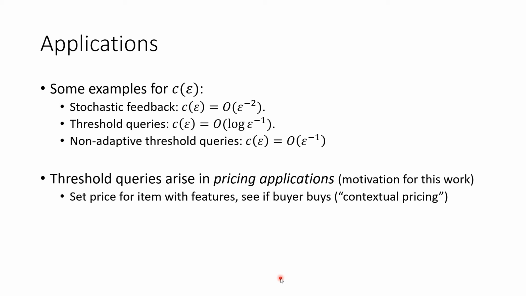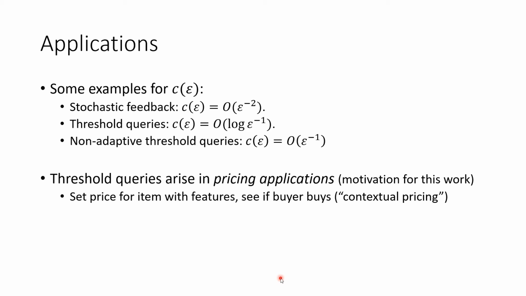If you have threshold queries, like if you can ask, is f(x) bigger than y or less than y for a y of your choosing, you need log of 1 over epsilon to specify the value of f(x) within epsilon. And if you have non-adaptive threshold queries, you specify all your threshold queries in advance. This corresponds to a cost function of something like O(1 over epsilon).